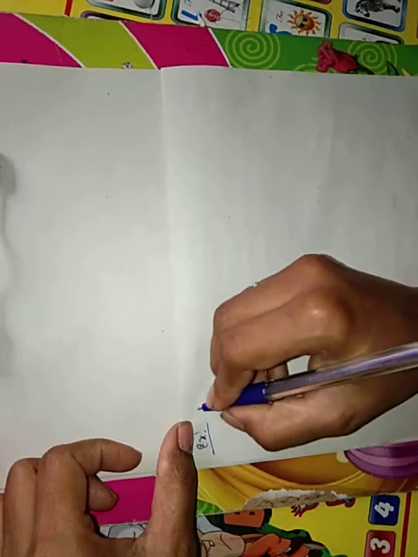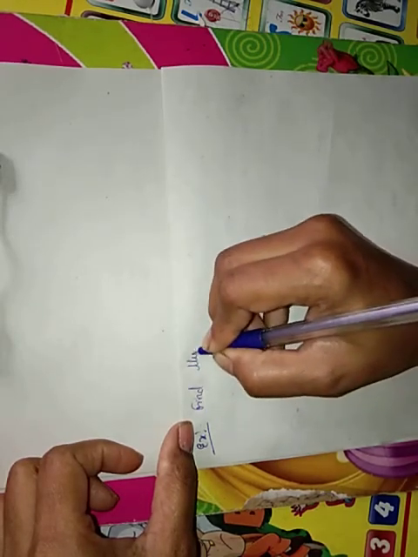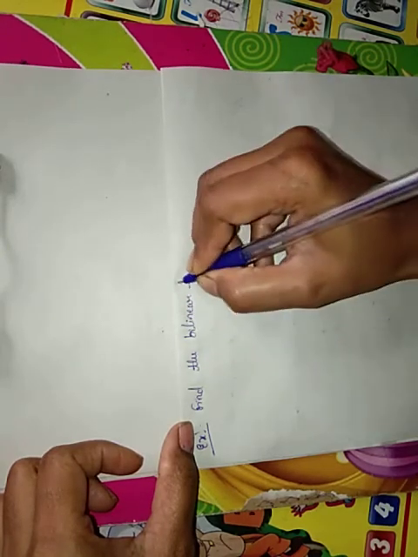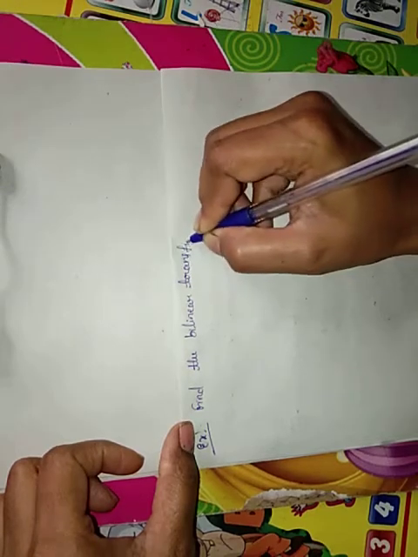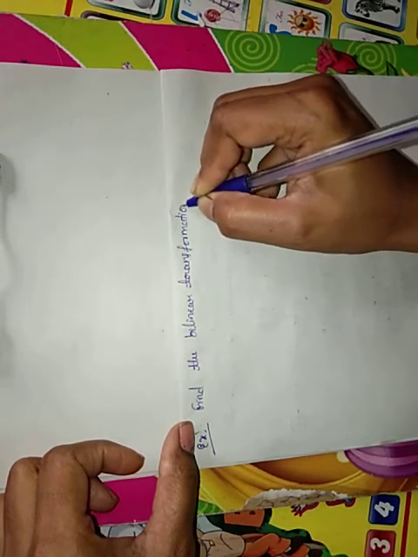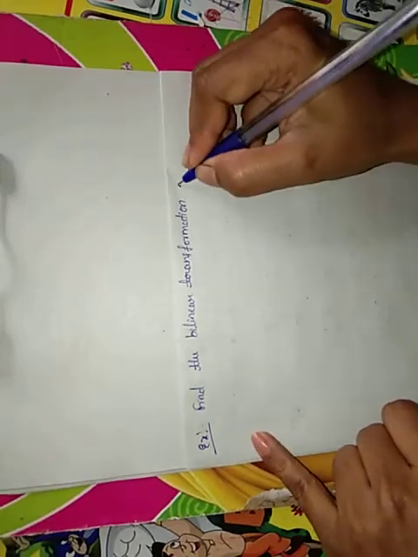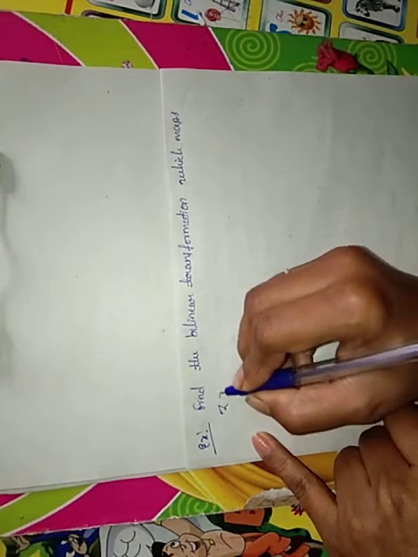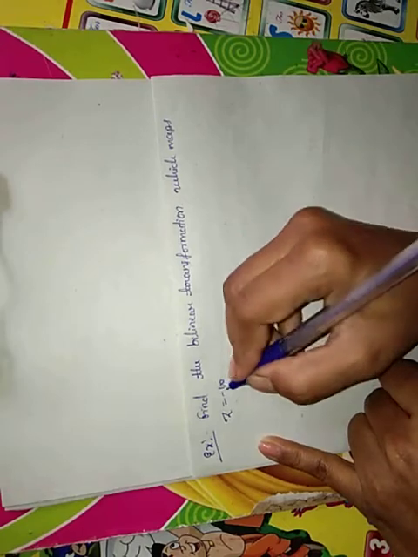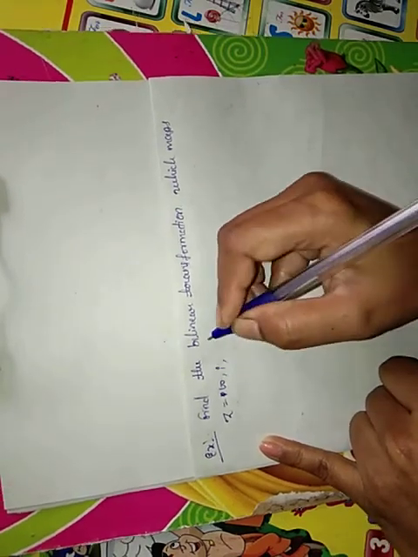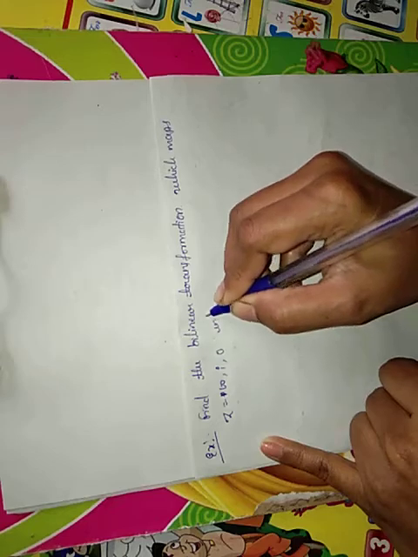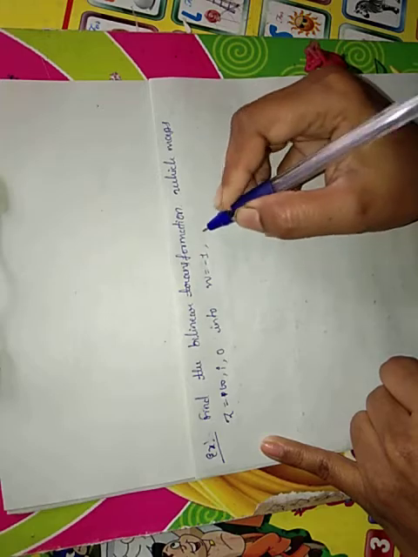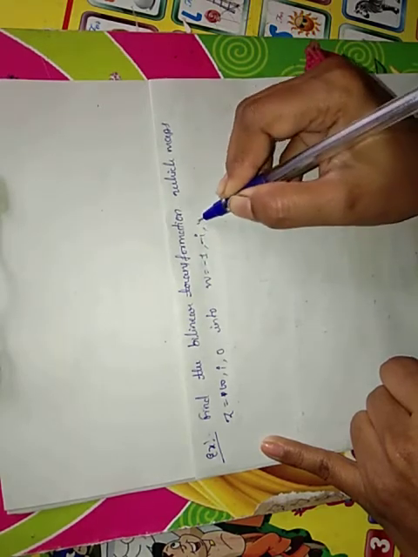Find the bilinear transformation which maps z equal to minus infinity, z equal to infinity, i, 0 into w equal to minus 1, minus i, 1.